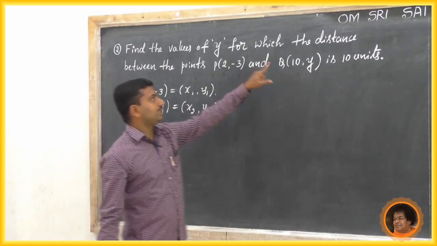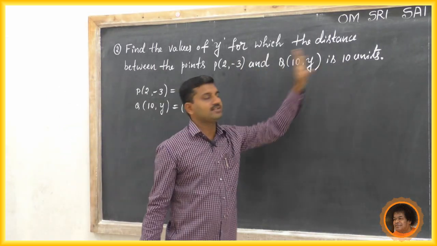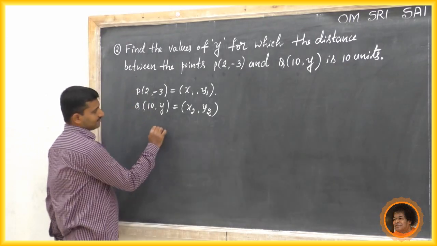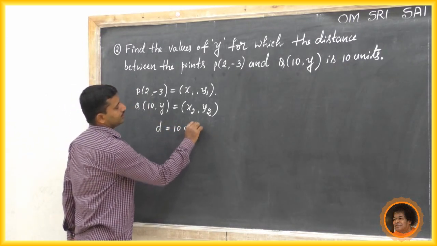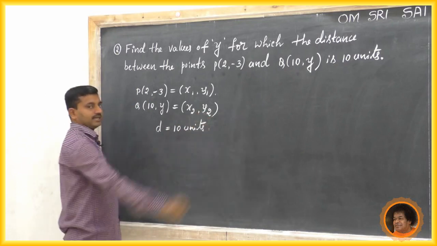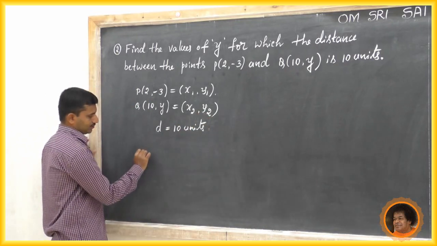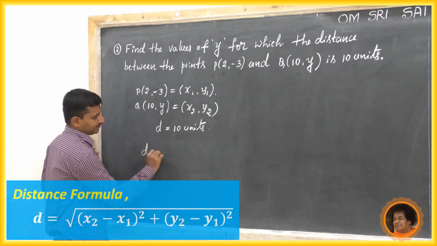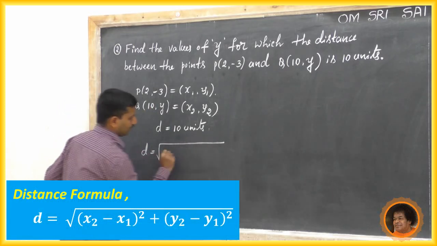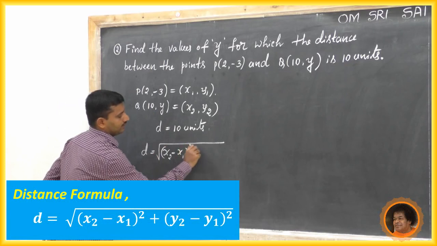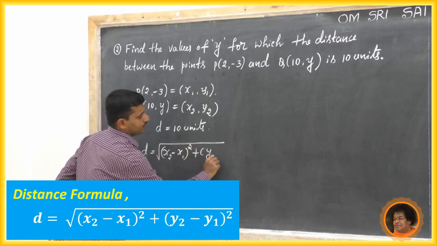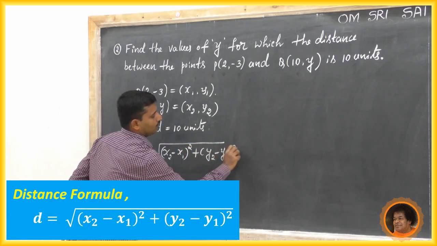The distance between these two points is 10 units, so d equal to 10. The distance formula is d equal to the square root of (x2 minus x1) whole square plus (y2 minus y1) whole square.